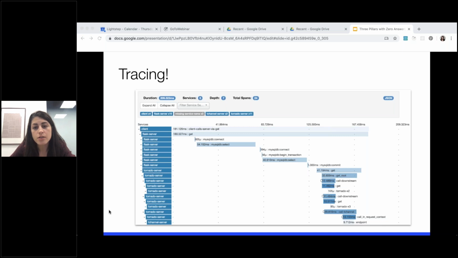And you can essentially understand how a transaction propagates through a distributed system across different service boundaries. And you can also understand the critical path of a trace more easily here. So that's tracing in a nutshell as well.